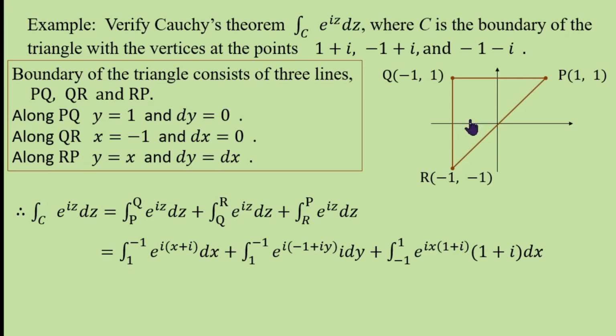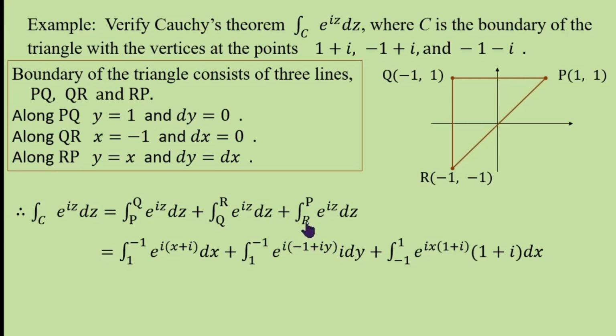Then Q to R means here x is minus 1, y varies from 1 to minus 1, e power i into x plus iy, x is minus 1, and dx is 0, therefore dx plus i dy becomes i dy, putting dx as 0 in dz.